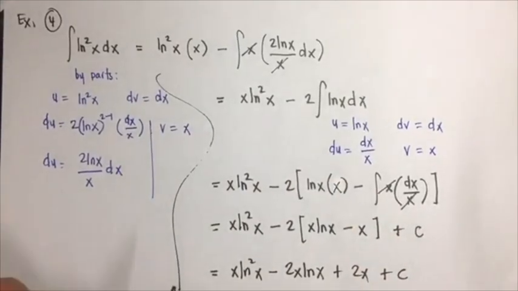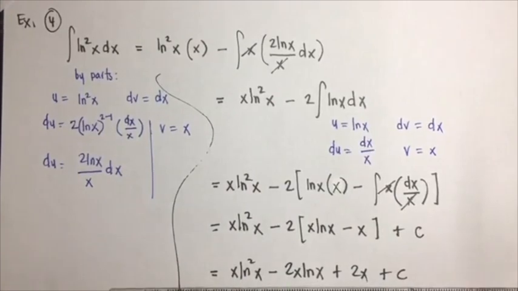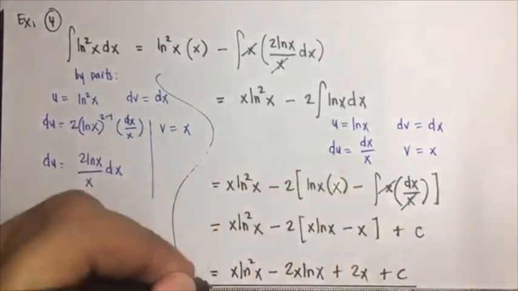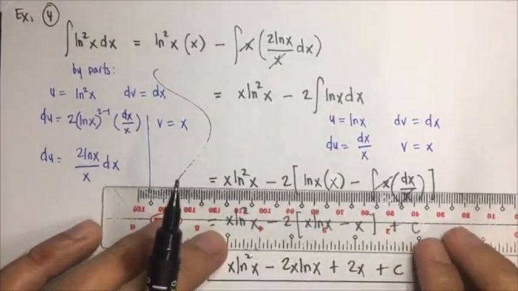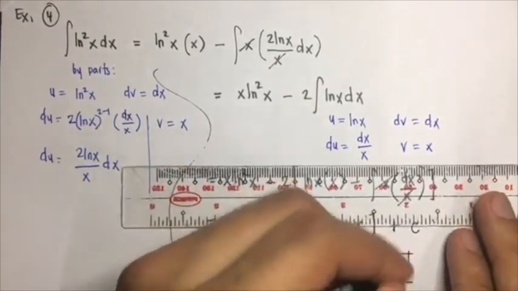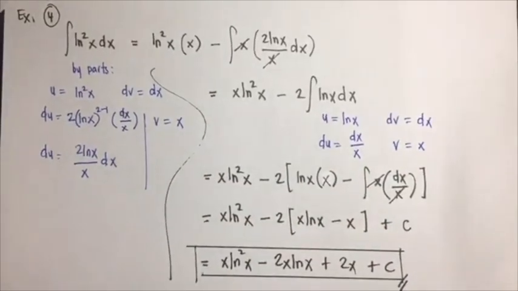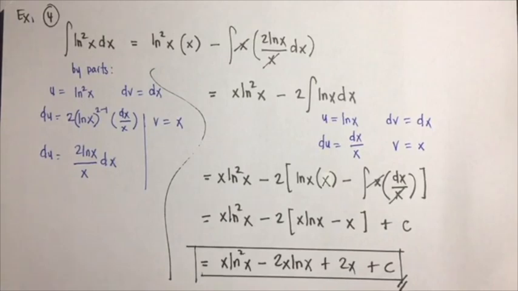Okay, so in integration by parts, we can apply integration by parts twice or thrice until the integral part can be integrated using the fundamental formulas. As you noticed here, in integration by parts, you can apply it more than once.